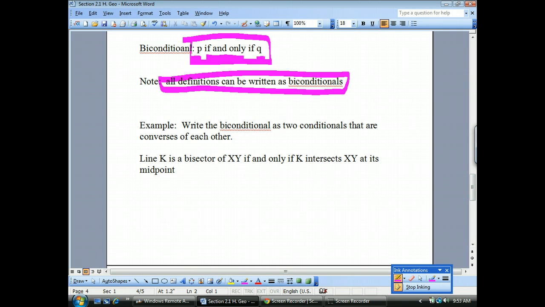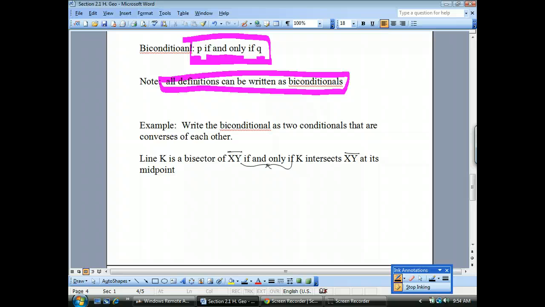So line K is a bisector of segment XY, if and only if K intersects segment XY at its midpoint. Okay, so this is a biconditional because it has the keywords if and only if. And so that means that we can write it as two conditionals that are converses of each other.